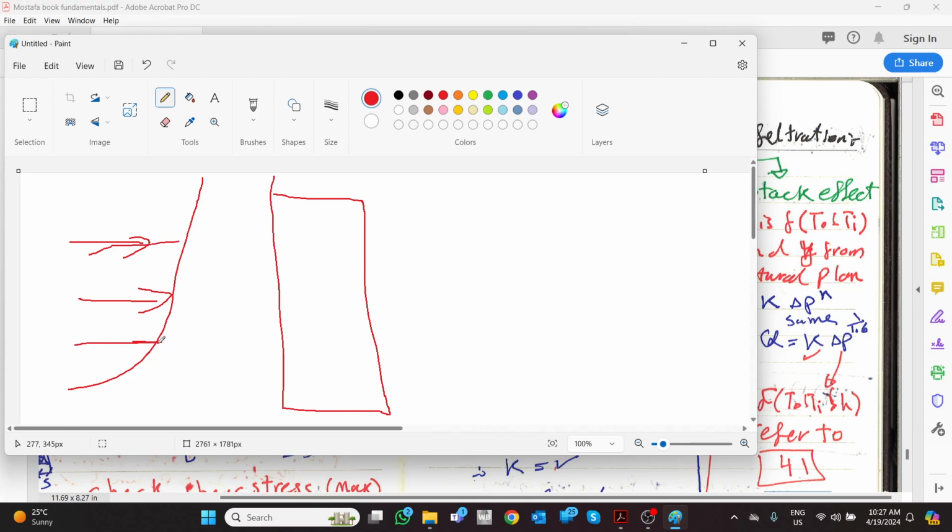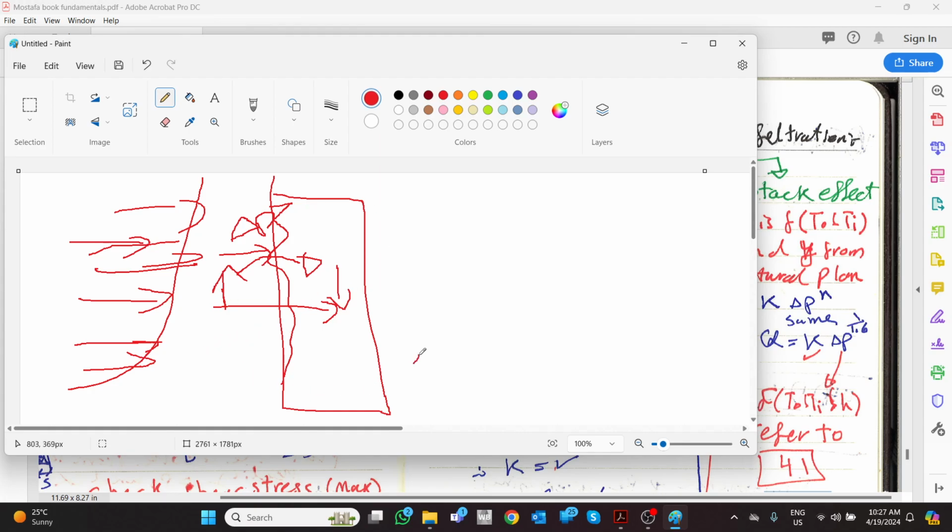That creates a delta P over the facade, which is going to make an infiltration. Which means here is high pressure, here is low pressure. In the opposite case, the wind rotates and makes swirls behind the building, which creates negative pressure, so even air will go out.